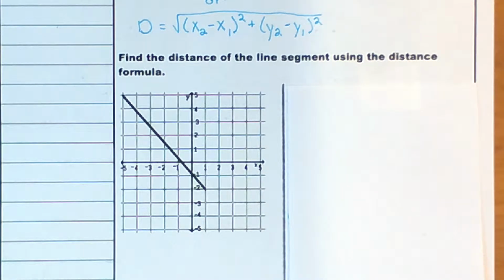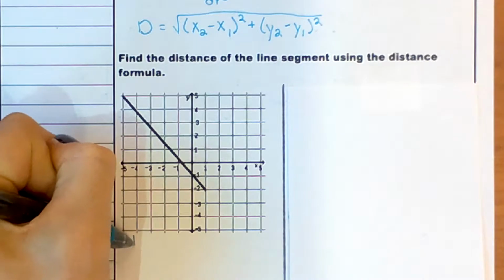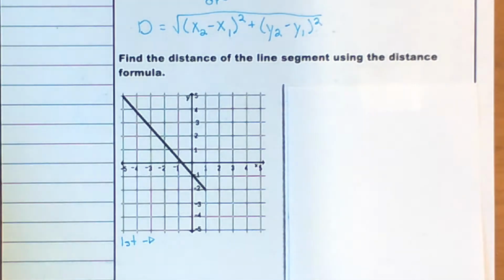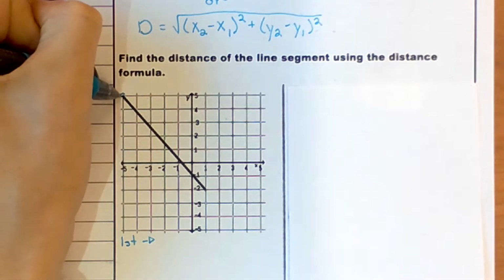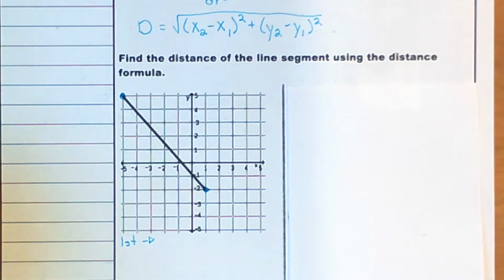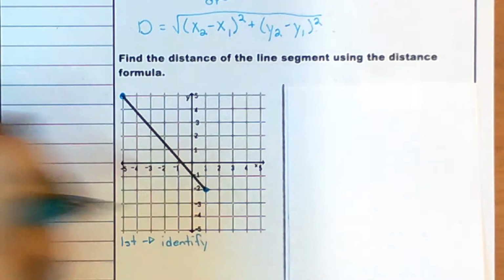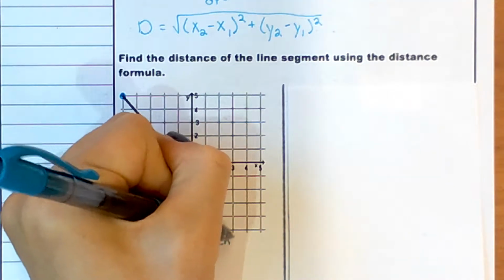Let's find the distance of the line segment using the distance formula. So the first thing that you need to do is you're going to label your endpoints. So identify your endpoint here, and identify your endpoint there. So identify endpoints.